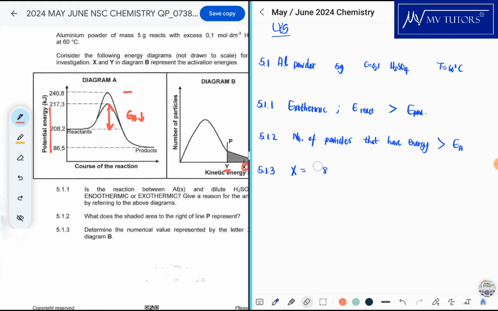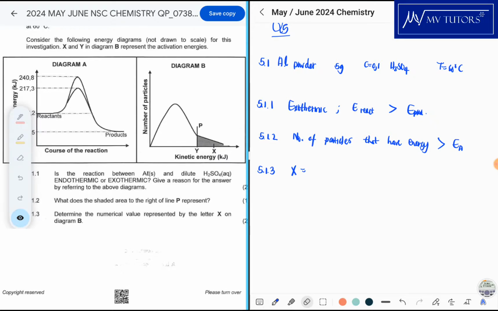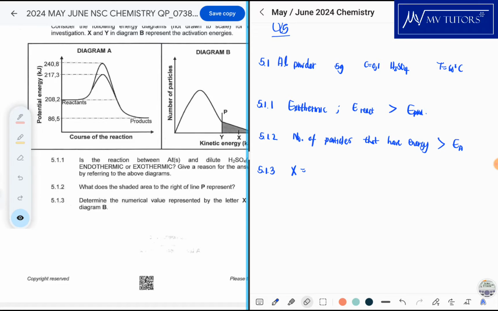Okay, let's do a proper calculation. So if I take this back, X, we're going to deal with that 240,8. The change in potential energy will give us the kinetic energy.